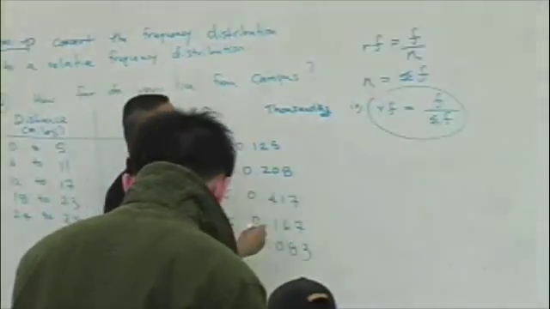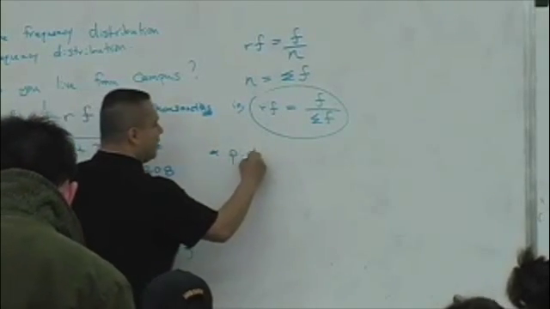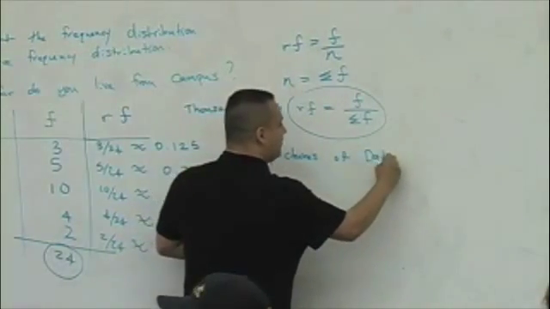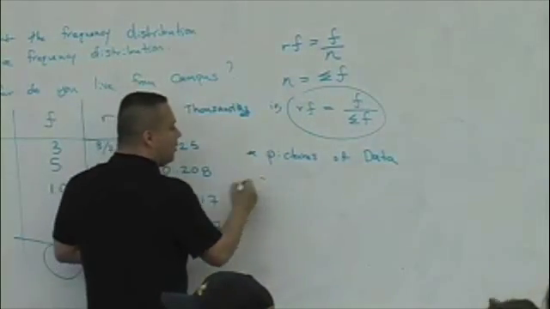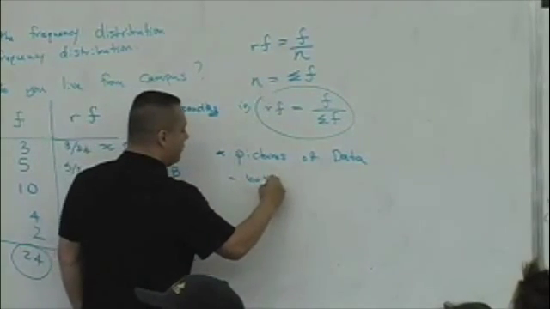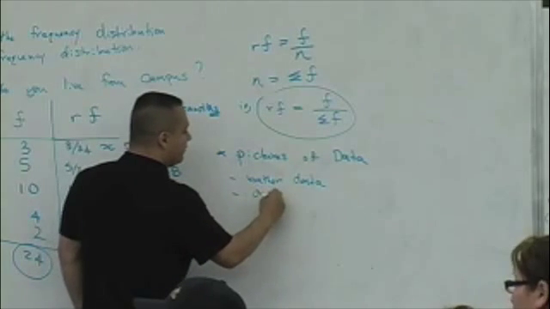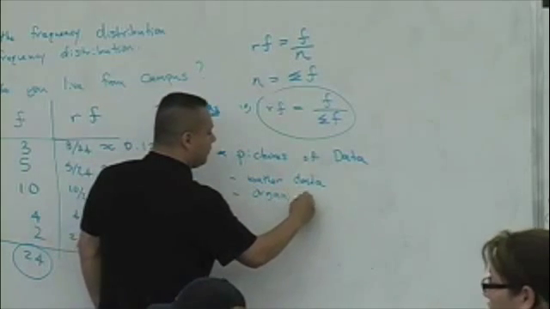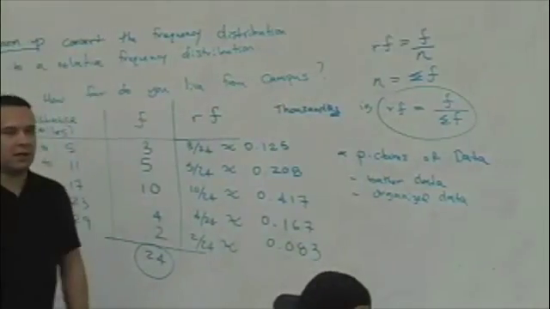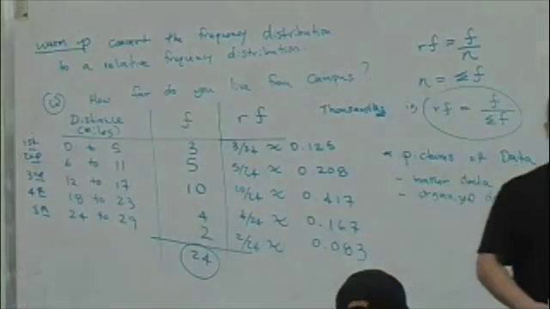We're going to now talk about pictures of data. Pictures of data. So far, what have we done so far? We've gathered data. We've organized data. And so now we're going to look at pictures of data because what you're going to see is some of these distributions have sort of an interesting shape.